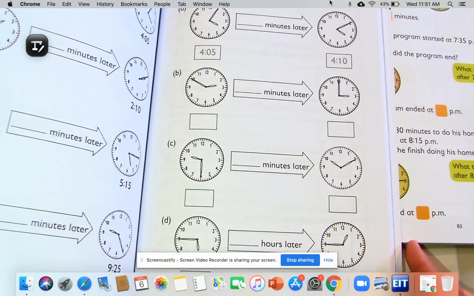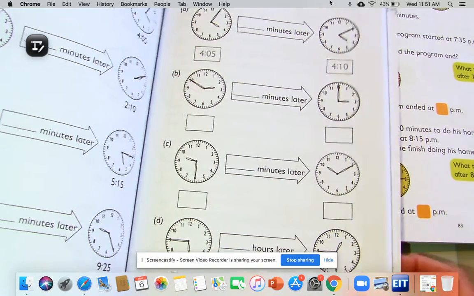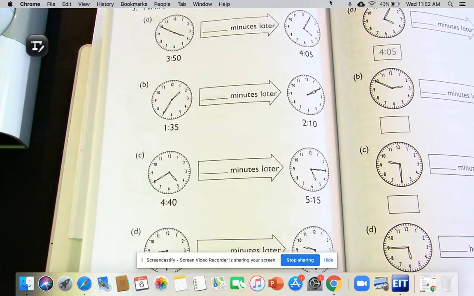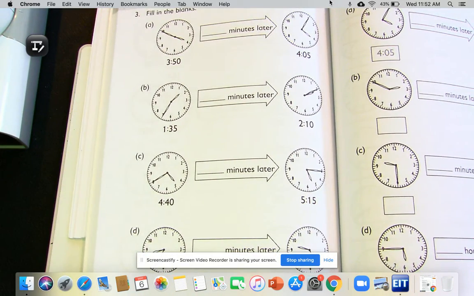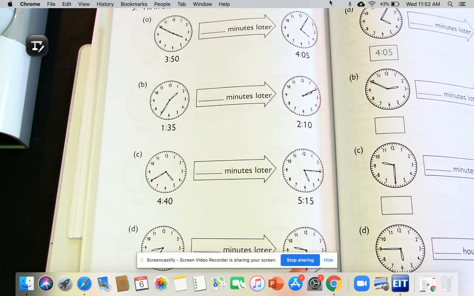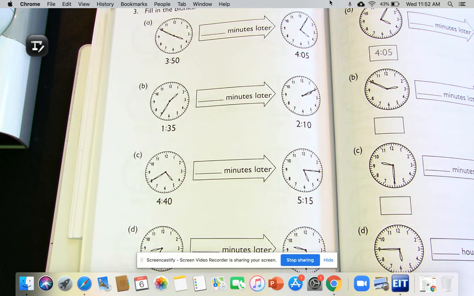Alrighty. Now this page might be kind of tricky. Some of them are minutes, how many minutes it is later. But, well, actually all of these are minutes later. But be careful.